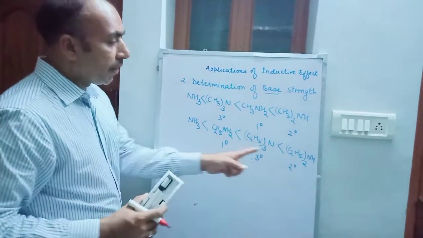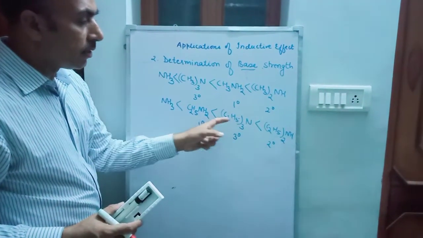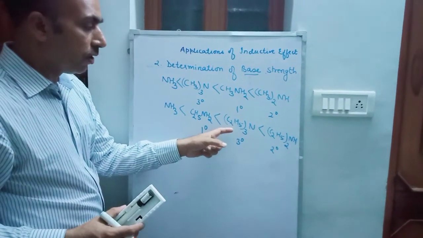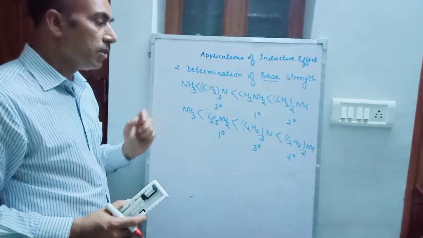Where the secondary, that is the diethylamine, is most basic, and lesser than that is triethylamine, which is tertiary, and lesser than that is ethylamine, which is primary, and least is the ammonia.